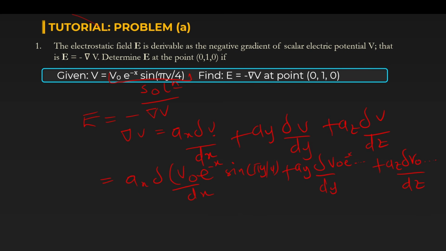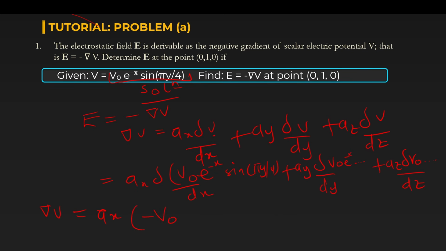Okay, so gradient of V now is equal to, and now we are going to differentiate this with respect to x. And what are we going to get?